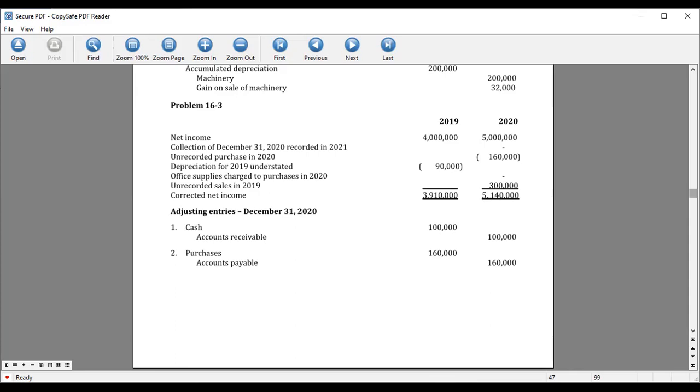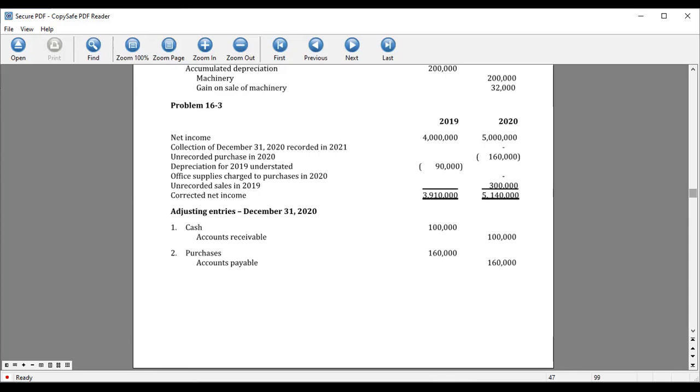That's why we have now the amount of 20,000 office supplies charged to purchases in 2020 in the amount of 20,000. There's no effect on net income. Unrecorded office supplies charged to purchases in 2020.